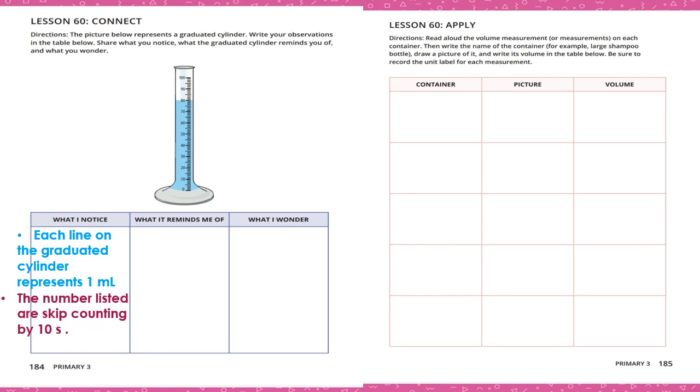The numbers listed are skip counting by tens, like 0, 10, 20, 30, 40, 50, 60, and so on, the multiples of 10. And there are 80 milliliters of liquid. The volume of the liquid in this cylinder equals 80 milliliters.